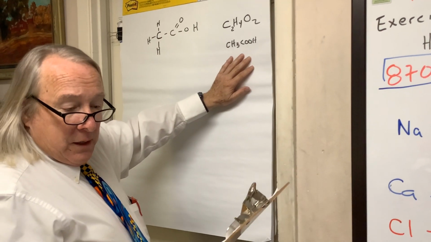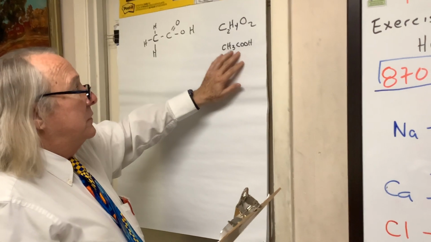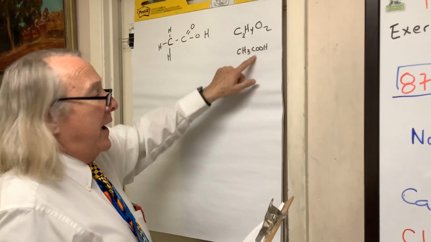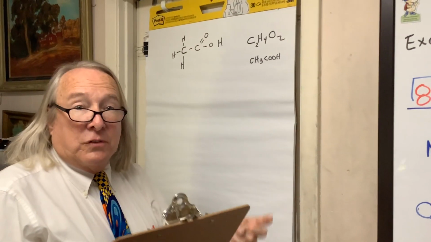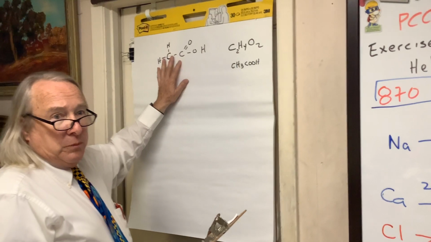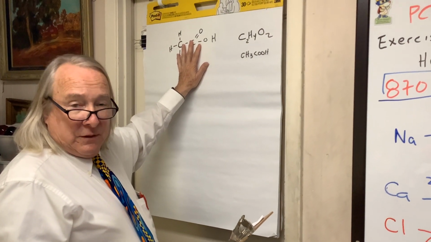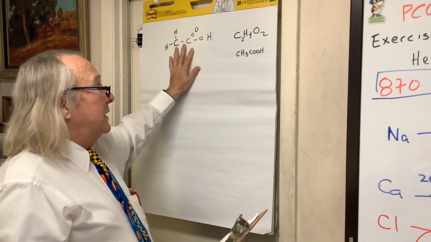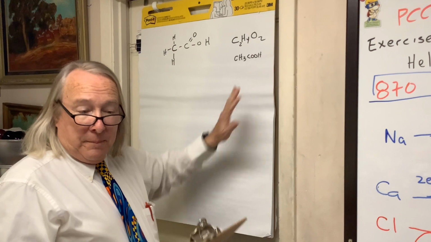And the condensed structural formula still gives me some idea of how these are arranged. So the advantage is it's faster, shorter, easier to format. This would be impossible; you'd have to go to a JPEG or a PIC to write this, whereas this I can write with text, okay?